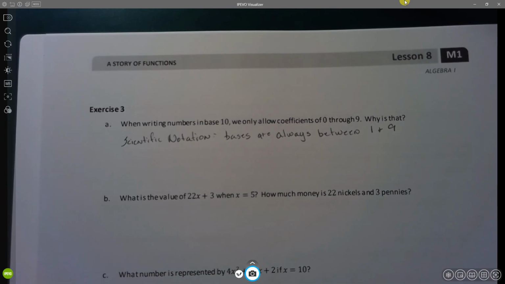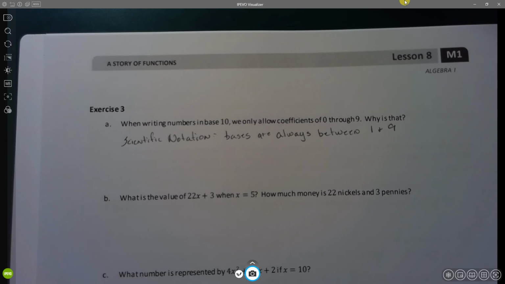When we write these problems, we are always writing them basically in scientific notation. So we don't ever want to go above 9 and we don't ever really want to go below 0. So when writing numbers in base 10, we only allow coefficients of 0 through 9 because of scientific notation.